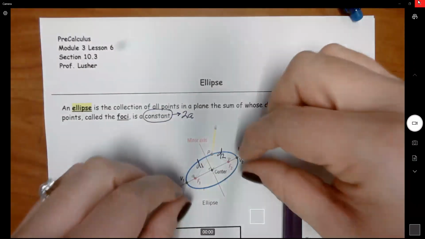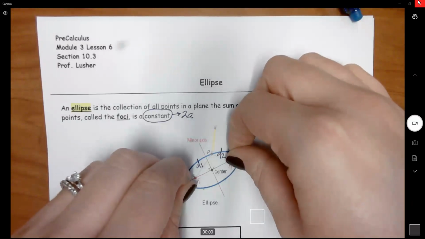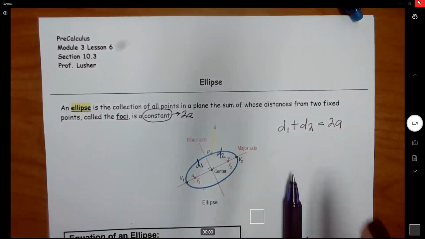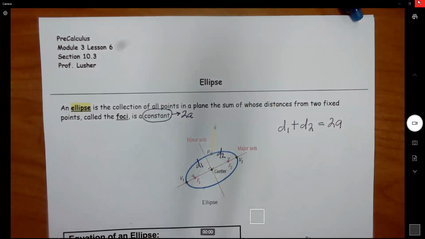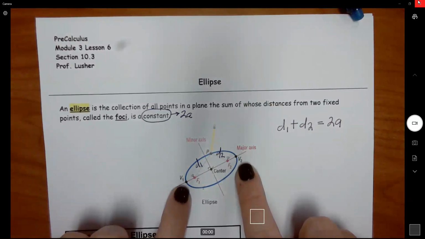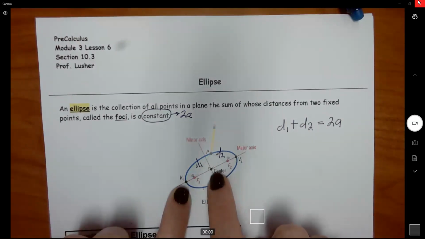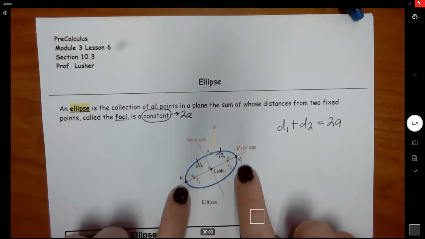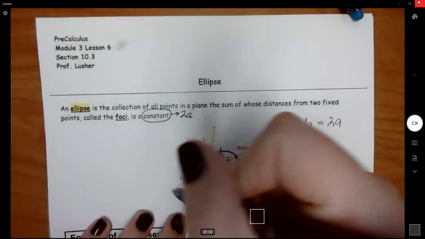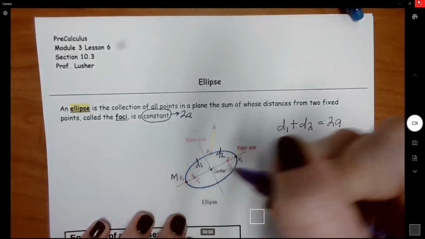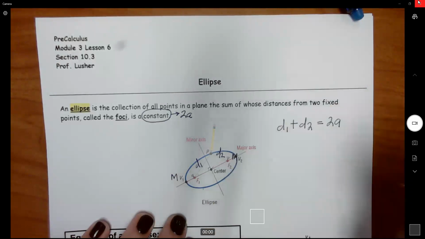So wherever you're kind of taking that circle at the vertices and you're stretching it, that's where that major axis is. Now this textbook will only call those 2 points, the furthest away from the center, your vertices. I kind of refer to those as your major vertices.